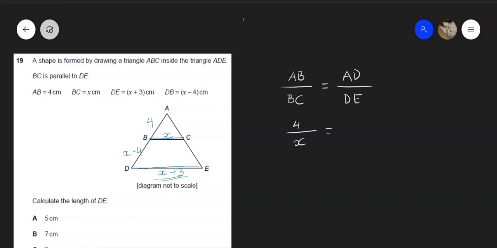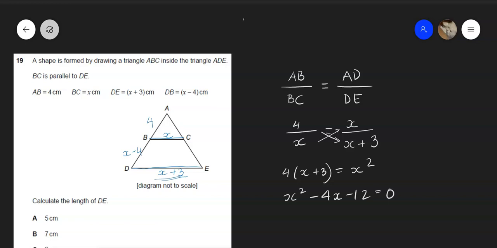AD is 4 plus x minus 4, that's x, over DE, x plus 3. Let's now use the rule of proportion. 4 times x plus 3, first diagonal, equals the second diagonal, product of x and x, x squared. This gives us a quadratic equation, x squared minus 4x minus 12 equals 0.